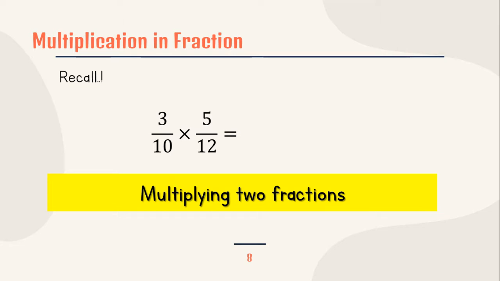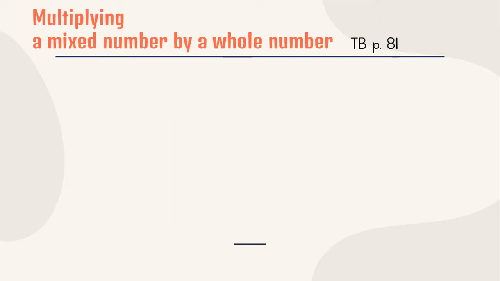What can we see? This 10 and this 5 can be simplified, and this 3 and this 12 can be simplified. So what we have is 1 times 1 per 2 times 4 equals 1 per 8. This is what we call multiplying two fractions.